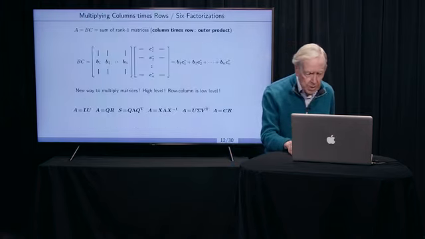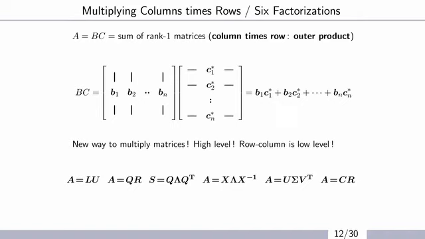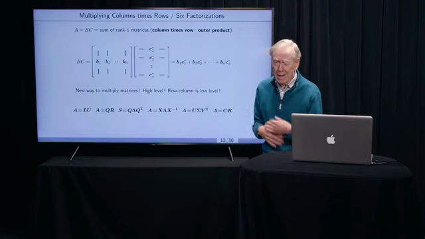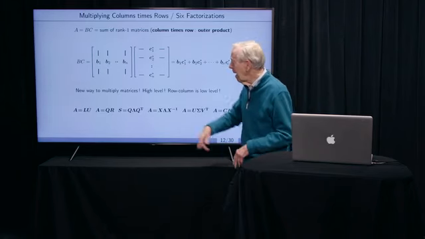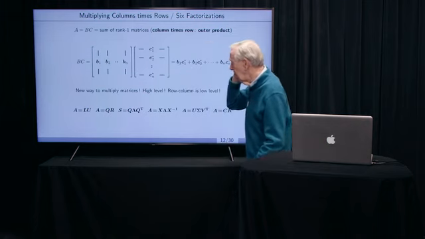Okay, I'll just see what else there is. Oh, here's another comment. I have hardly told you how to multiply 2 matrices. The usual way is rows times columns. But linear algebra being always interesting, there's another way that I happen to like, columns times rows.